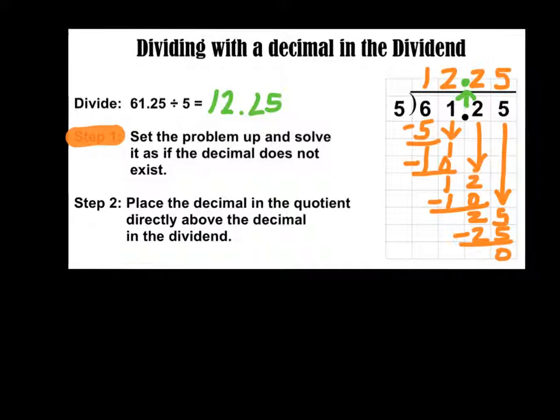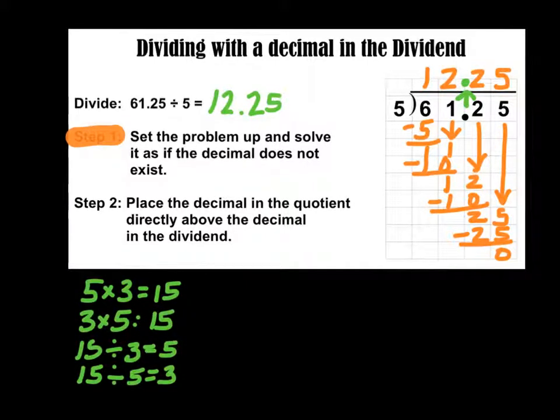Now the cool thing with division and multiplication is that they have a fact family, just like our normal fact family. So as you can see down here, I have the fact family for 5 times 3 equals 15, and I can go backwards down here and I can divide 15 divided by 3, and I'm going to get 5. Well, I can do the same thing in this problem here.